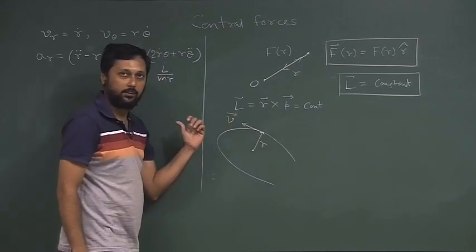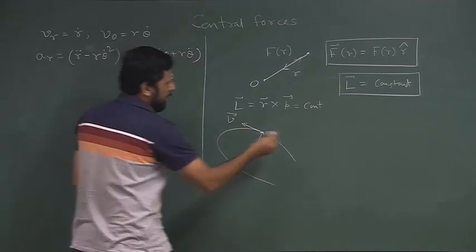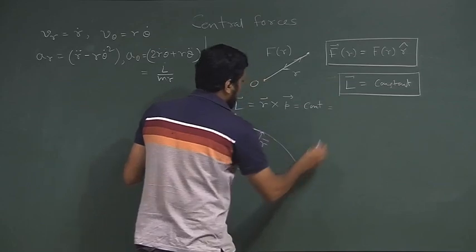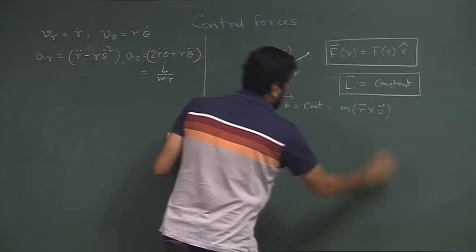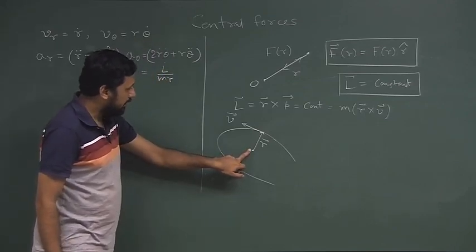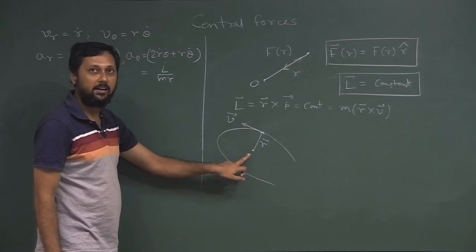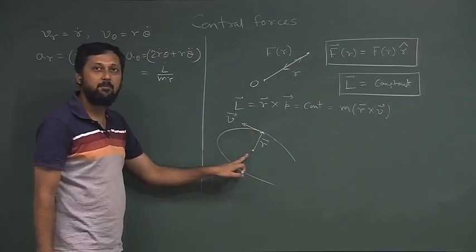of this locus. Now, r cross p essentially means m times r cross v. So, if r cross v has to have a fixed direction, it is necessary that r and v lie in the same plane.